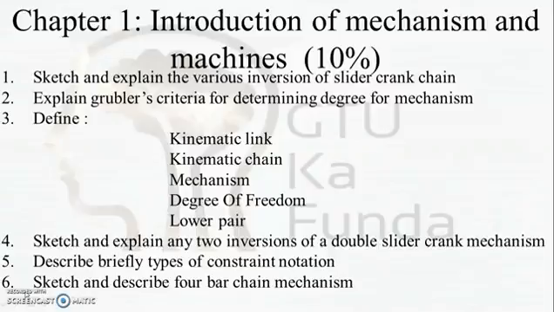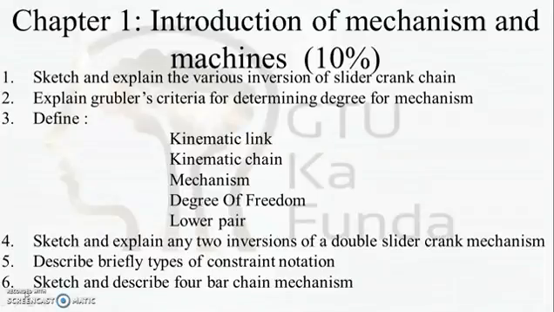So you should go through all the questions shown on the screen. They will be very helpful for you, and these are the important questions. I will tell you next in the video that you should go through the whole subject once.